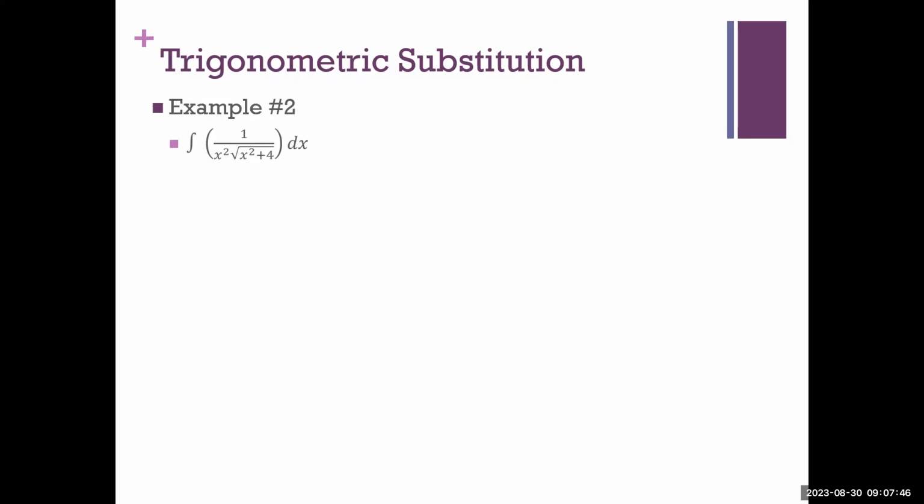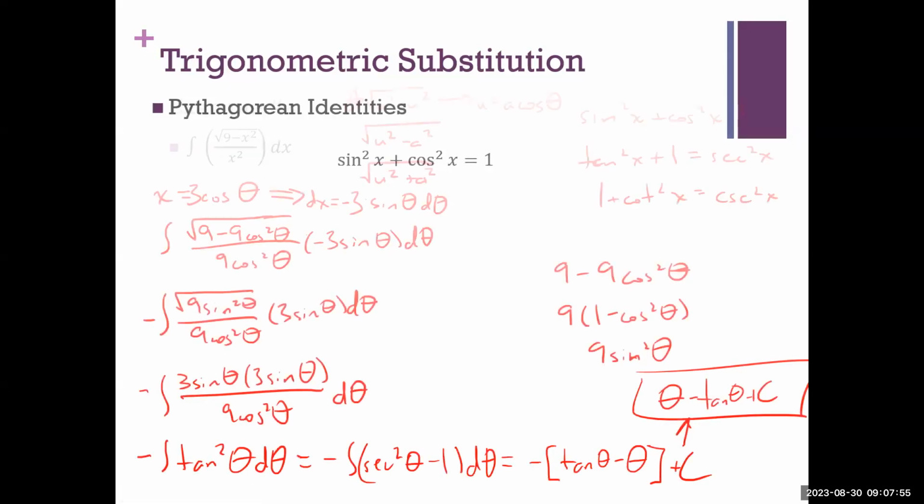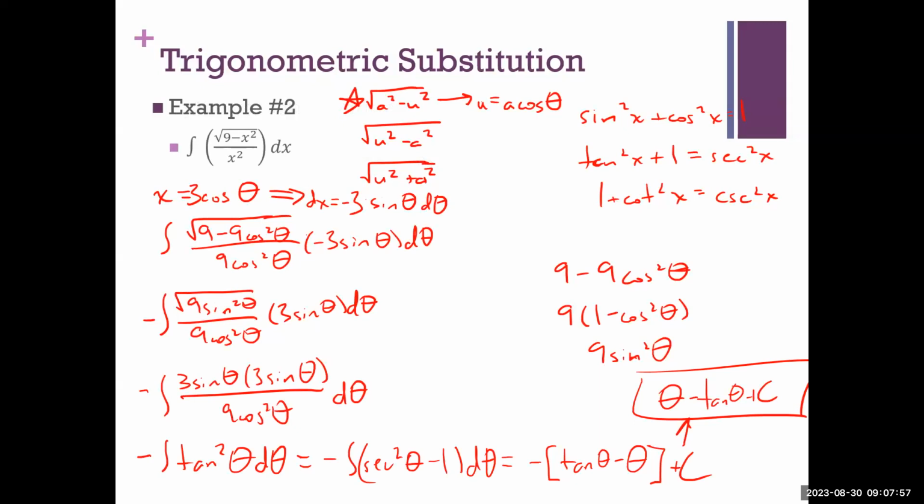So as we talked about last time, the big thing here, we're trying to decide what substitution to make using trig. We're basically looking at which of the Pythagorean identities is going to allow us to take that expression under the radical and simplify it.